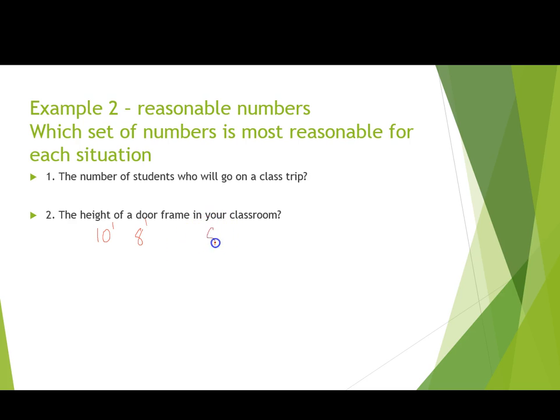There are doors out there that are 8.5 feet more than likely, or 12 1/4 feet, 12 feet 3 inches. And those would be possible heights of door frames. All of these numbers could best be defined as rational numbers. So the answer to this one would be rational.